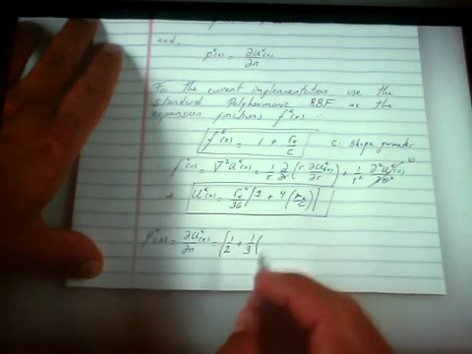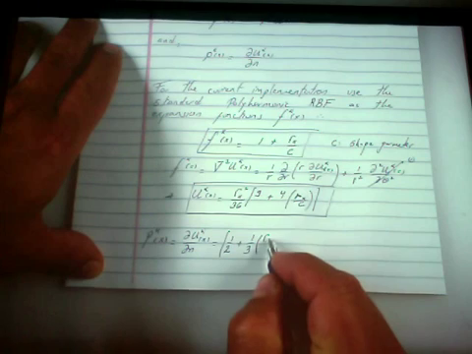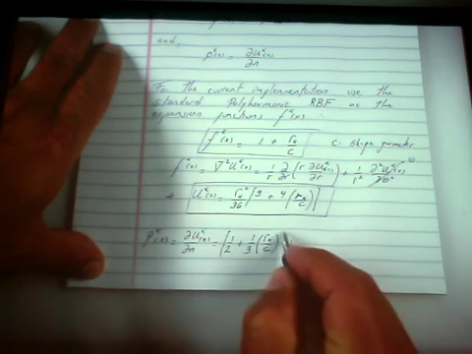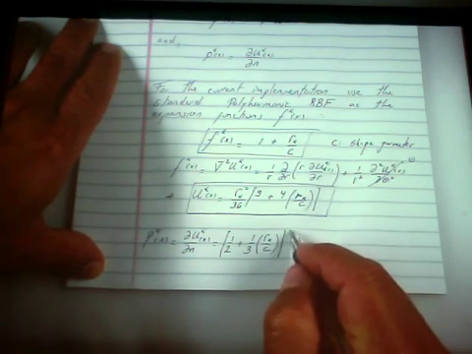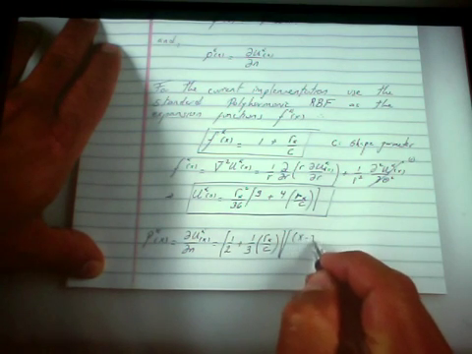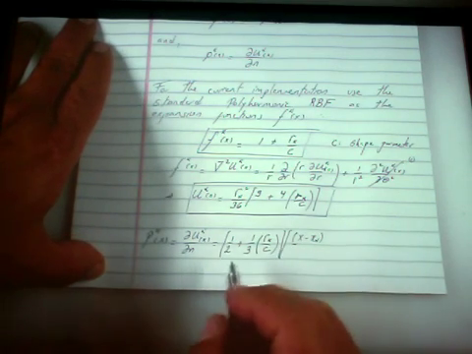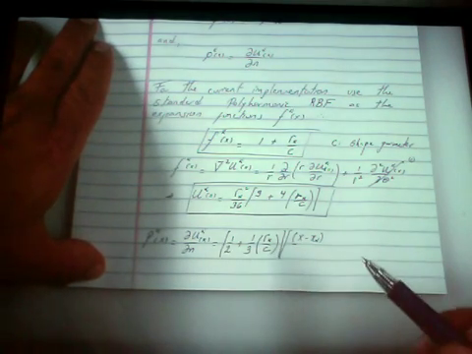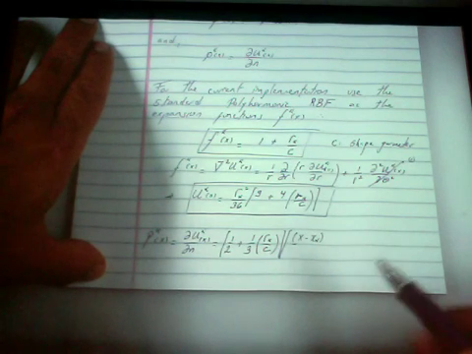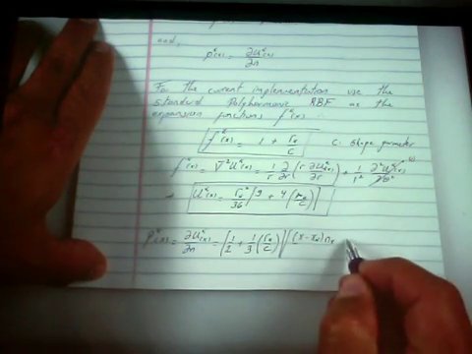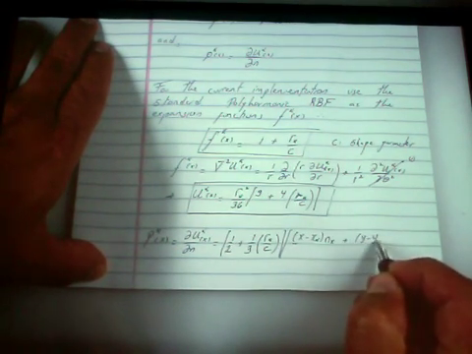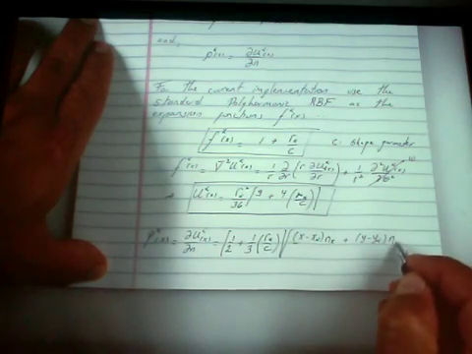Anyway, r_k over c times x minus x_k divided by r, times nx plus y minus y_k times ny, over r.